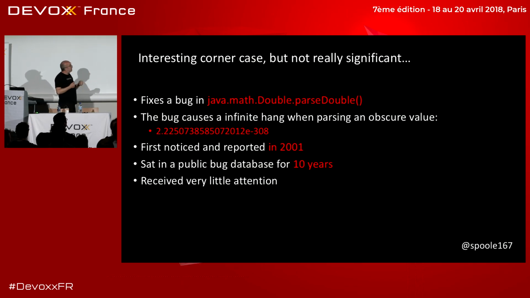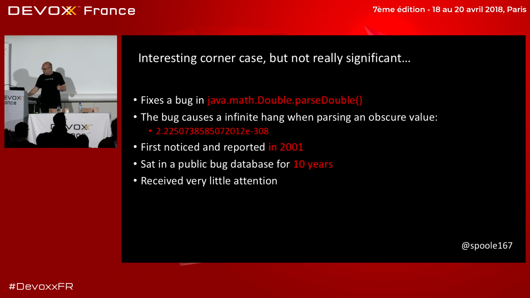For some time, it was known, can you see that red? I hope that's okay, because I've got red on black. So it was known that there was this bug. It had been reported in 2001, and it was in parse double. If you gave parse double a string with that number, because we didn't have that fix, the parsing routine would just loop, and basically your thread would hang. And we went, so what?